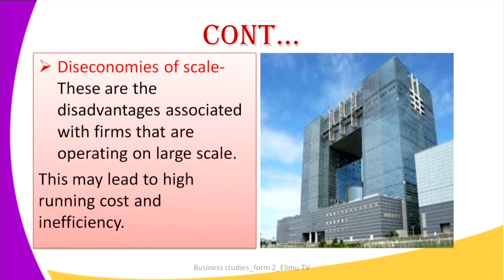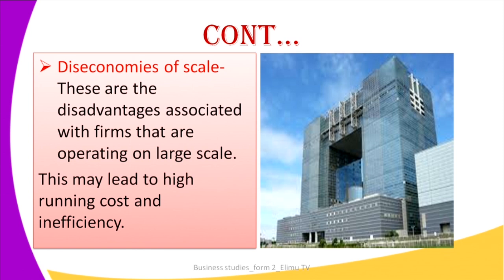The other disadvantage is diseconomies of scale, and these are the disadvantages that are associated with big firms. You find that most of the time public limited companies are usually big. They are huge companies, so they actually experience what we refer to as diseconomies of scale.